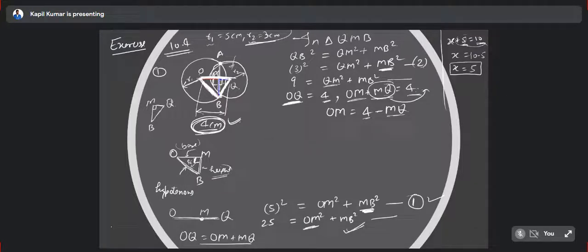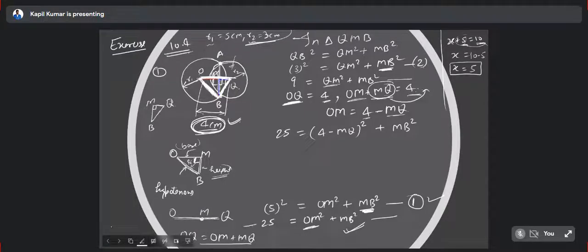Okay, so in this equation, in place of OM, we are going to write 4 minus MQ. So it will become 25 is equal to 4 minus MQ, and it was square, so it will become whole square, plus MB square. Sir, how 25?